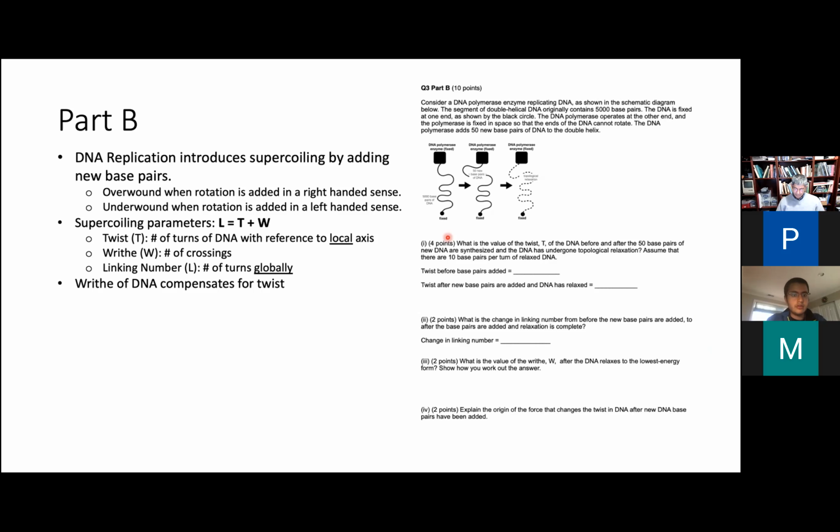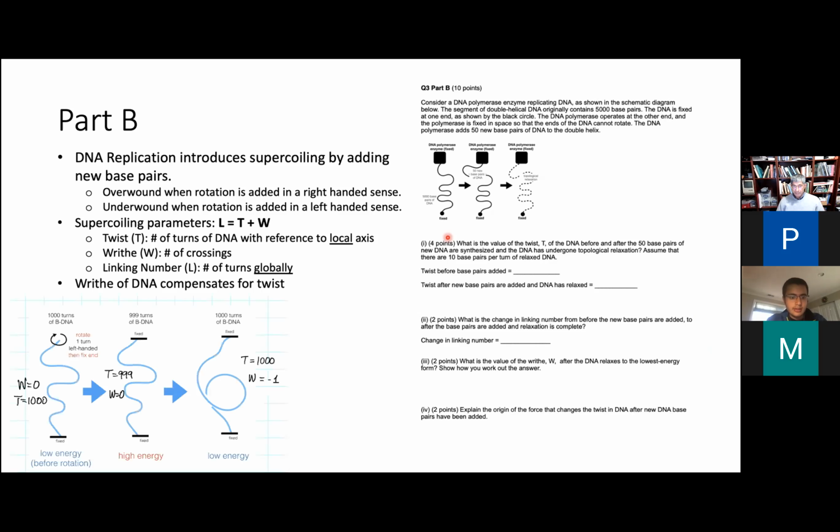And then the writhe of a DNA compensates for the twist. To understand what that means, let's say in this example you have 1,000 turns. You do one left-handed turn, so now you have 999 turns. But now that both ends of the DNA are fixed, the DNA is in a high energy, unstable conformation, and so for it to go low in energy, the DNA twists, as in this zoomed-in picture.